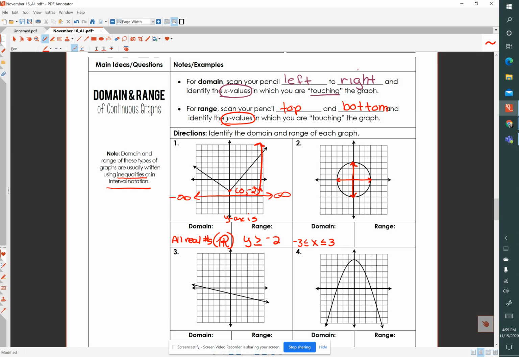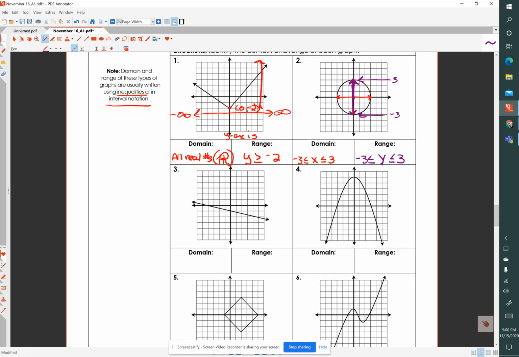So for the range, we're talking about the y-axis. So our range is from -3 here up to +3 here. So again, it would be -3 is less than or equal to, but this time y, and y is less than or equal to 3.